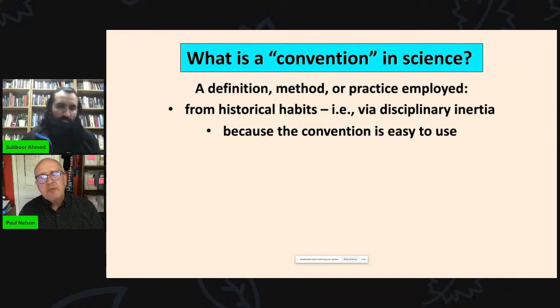My point is, disciplinary inertia is something that you find yourself in. You're in a stream of thinking. As I don't want to quote from German, so let me stick with good old English. It's a set of practices that you learn and adopt more or less because you can't help yourself. All right. Well, related to that is this: conventions are easy to use because everybody else is using them.